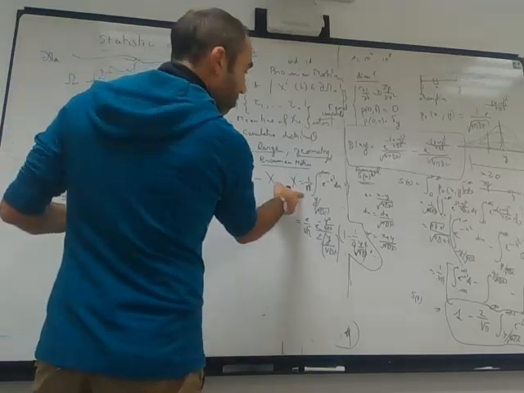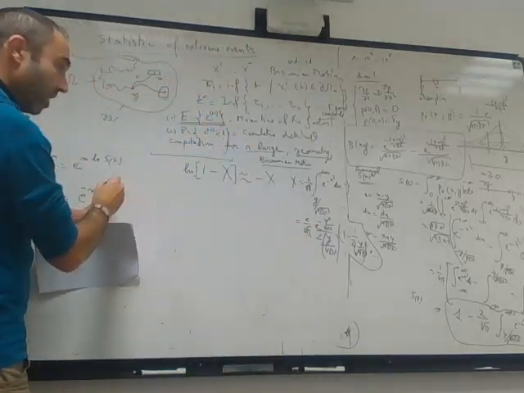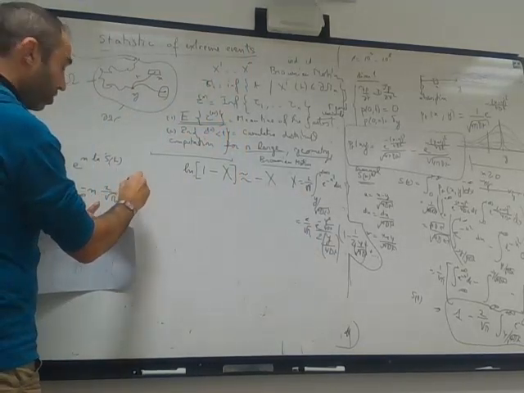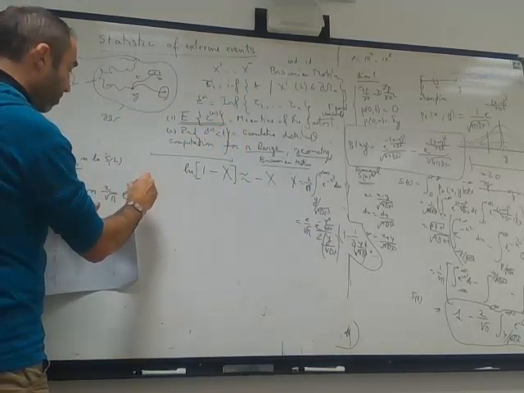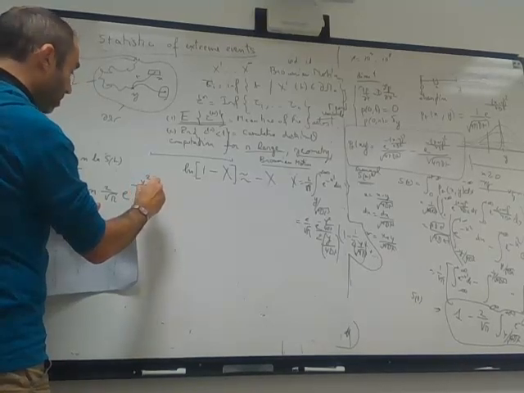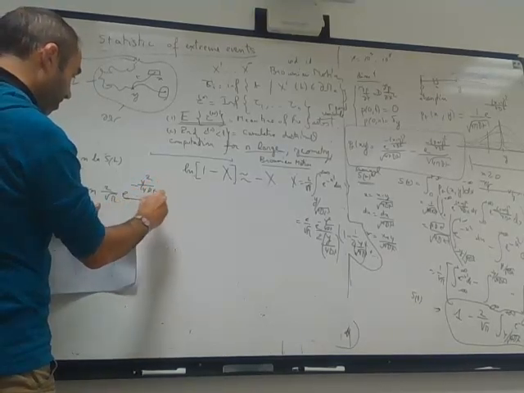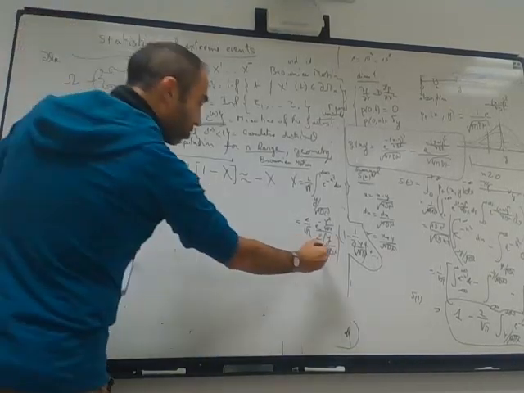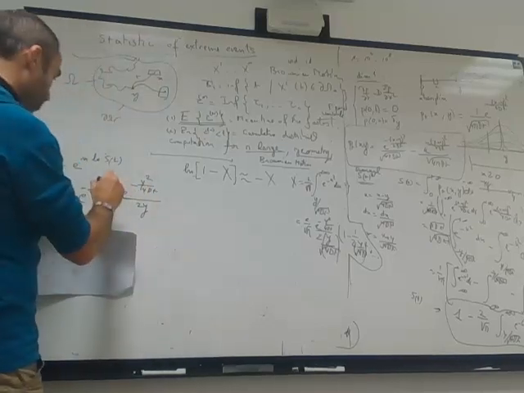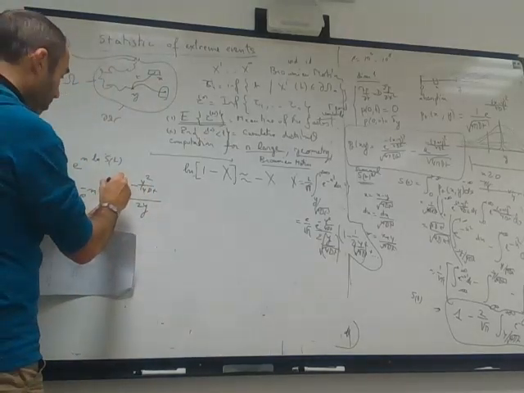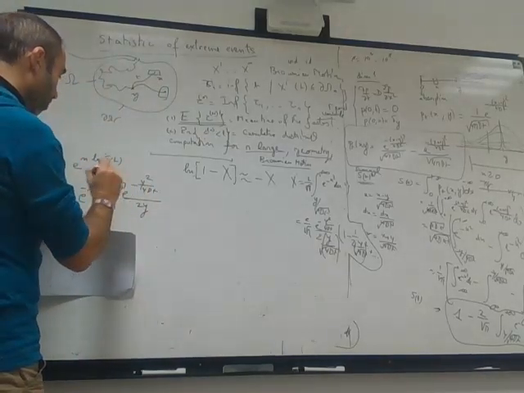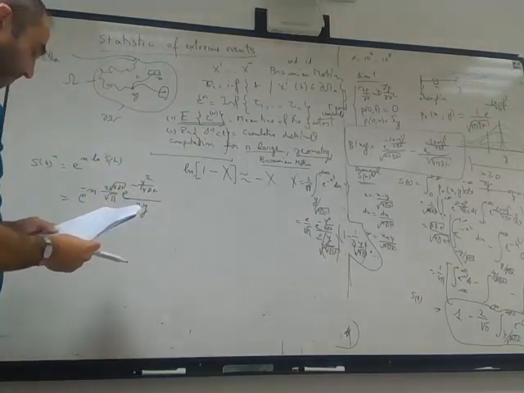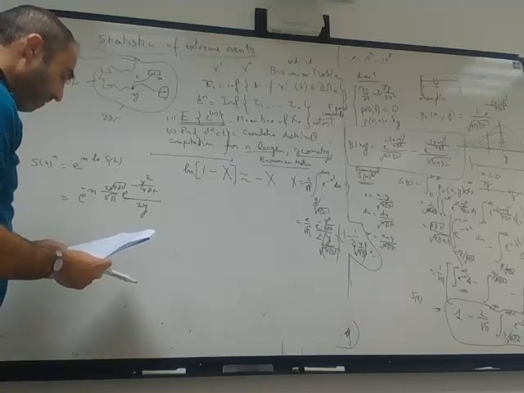And x is this, which is 2 over square root of pi, exponential of minus y squared divided by 4dt, divided by 2y. And then there is a square root here that is missing, multiplied by the square root of 4dt.